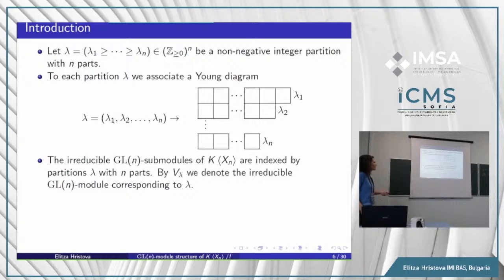And there is a standard fact from the representation theory of GLN that all irreducible GLN submodules of K of Xn are indexed by such partitions with n parts. And by V lambda, we will denote the irreducible module that corresponds to the partition lambda.